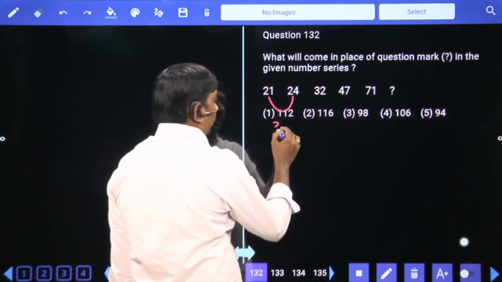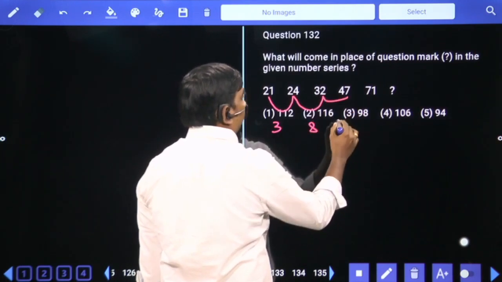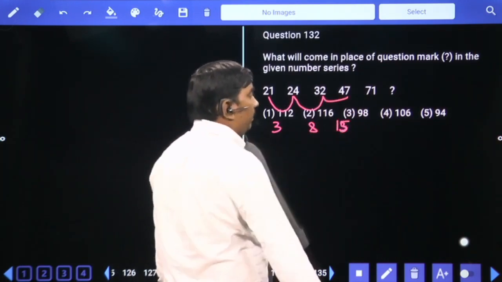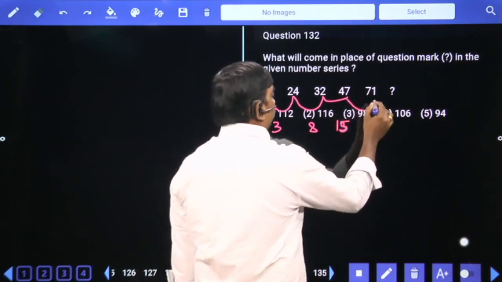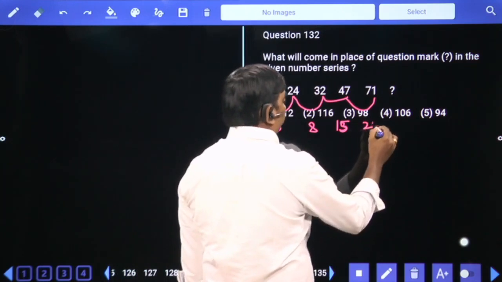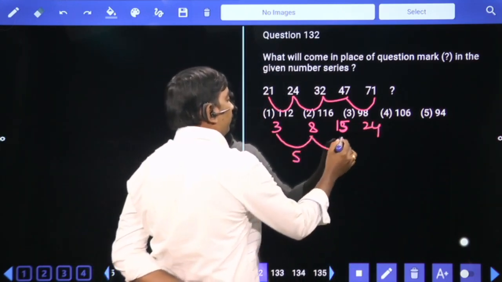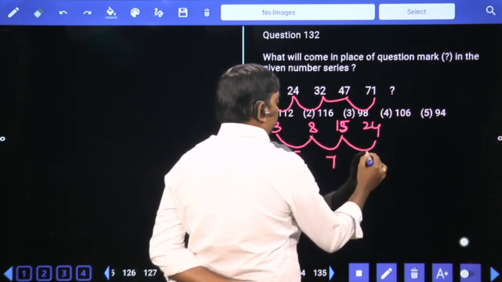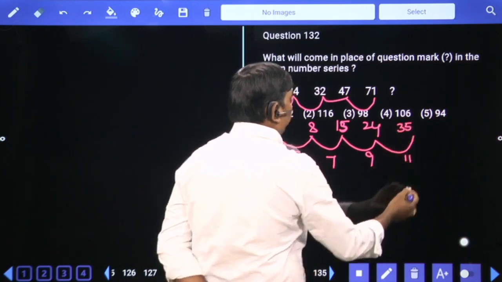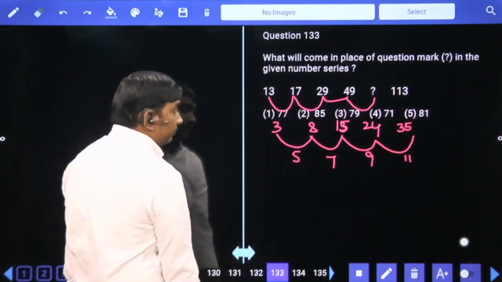Next series: 3, 8, 15, 24. Again the difference: 5, 7, 9, next 11. 24 plus 11, 35. 106 is your answer.